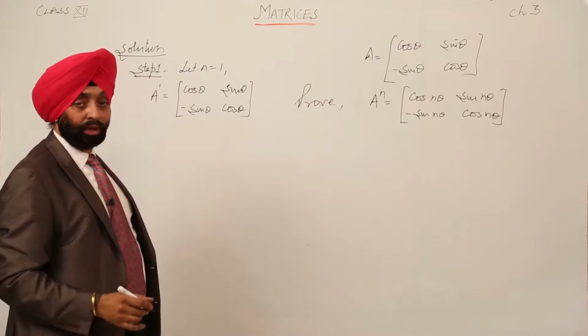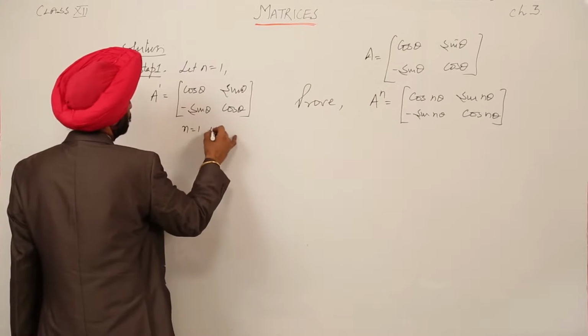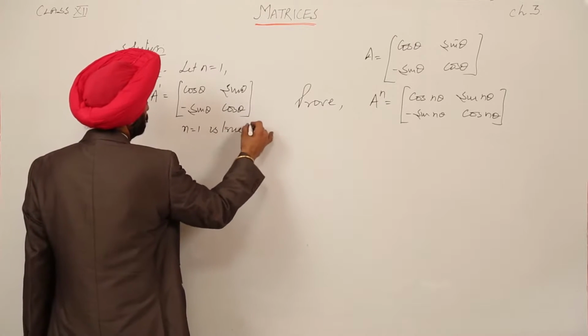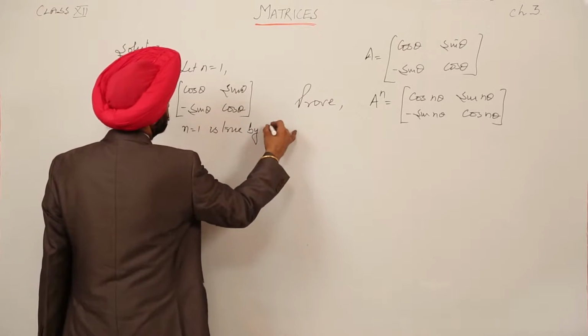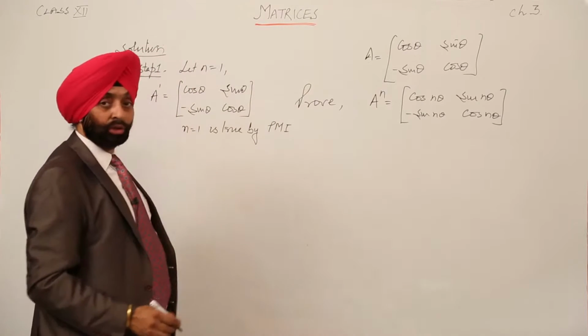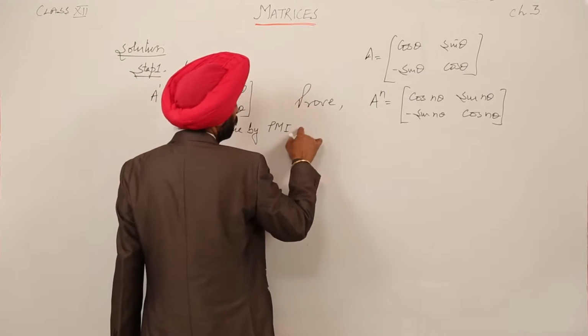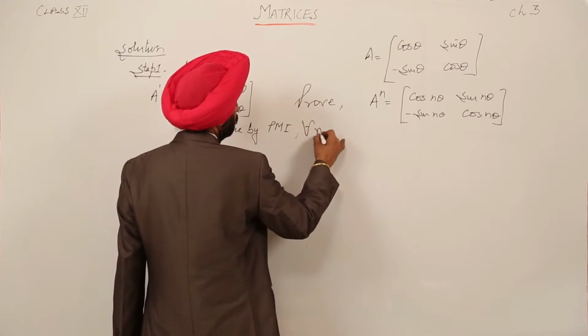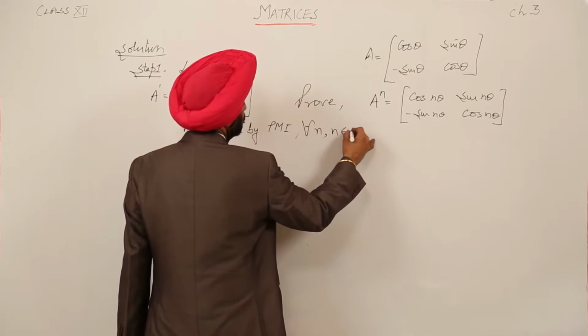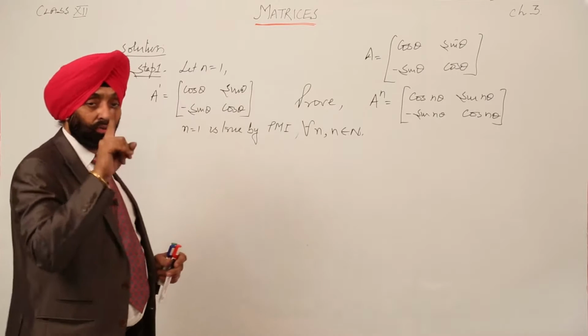Okay. So, A^1 is A. Now, n is equal to 1 is true by principle of mathematical induction for all values of n where n belongs to natural number. Okay. This is step number 1.